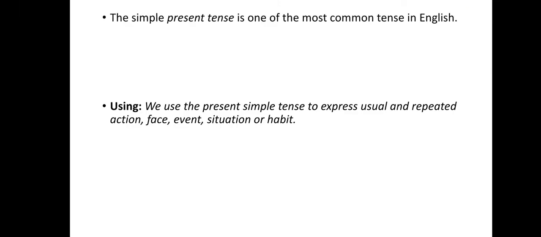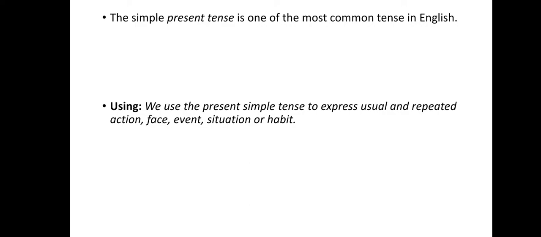First of all, the simple present tense is one of the most common and basic tenses in English grammar. We use the present simple tense to express usual and repeated actions, facts, events, situations, habitual actions, or natural truths.